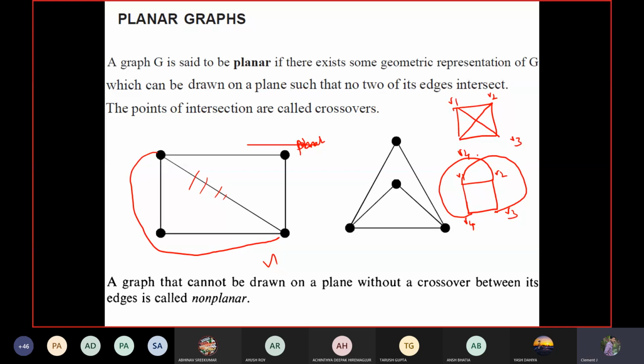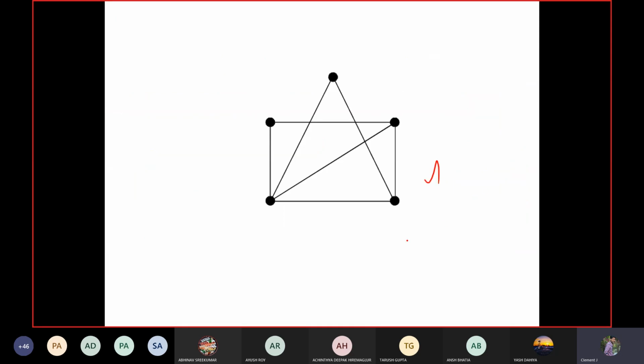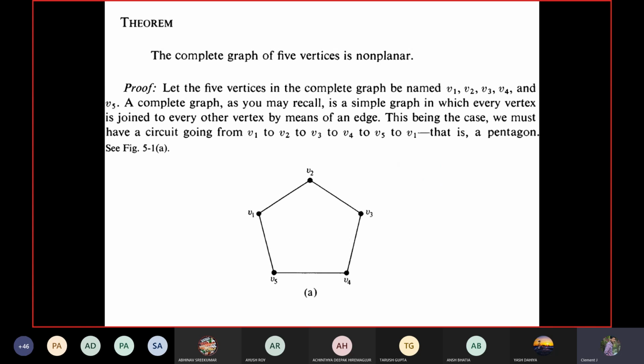Okay, anyway, it's your practice. You can try this graph by drawing it out, whether it is planar or non-planar. You can check later. Okay, next question: the complete graph of 5 vertices is non-planar.